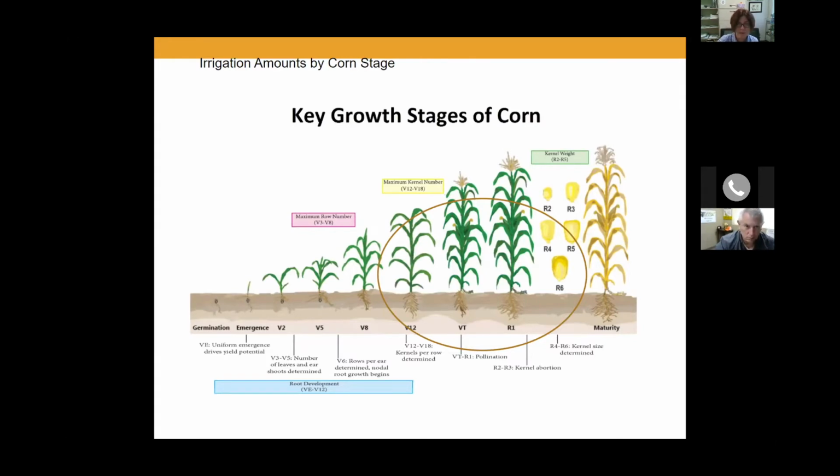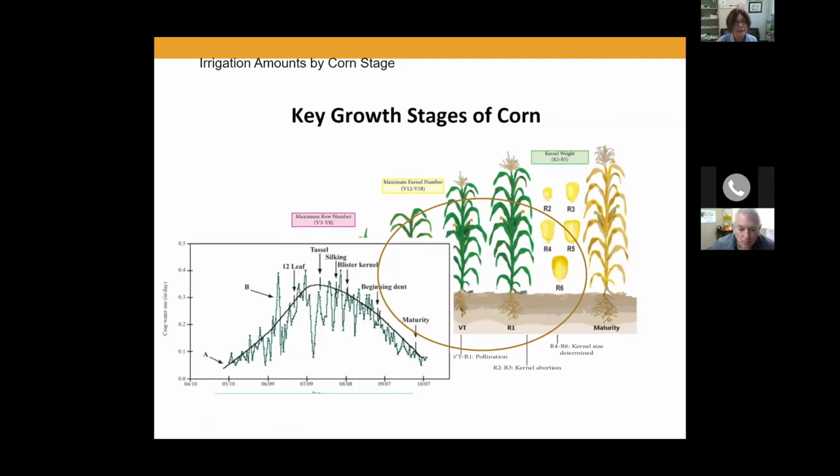For example, at about V7 corn, that plant is determining the rows around that cob. So very early on, it's giving that preliminary set at the growing point. Around V12 to V16, it's determining the potential length of that ear, based on whatever the conditions are at that time. If you've got good moisture and good fertility, it'll optimize that. If you don't, then it won't.